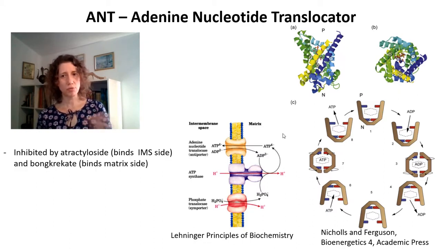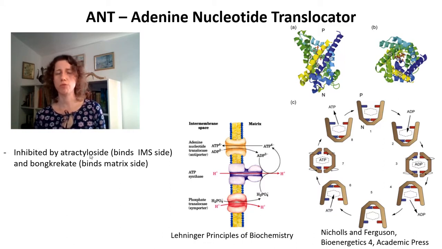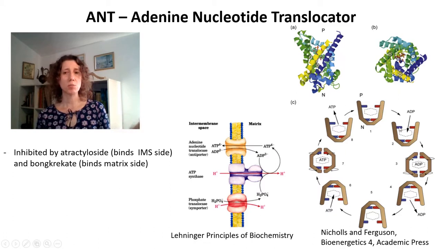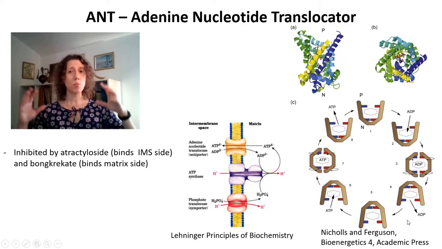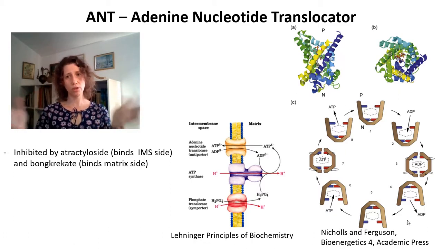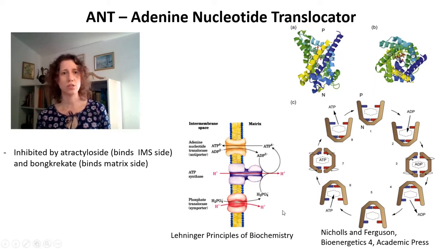Because it has these different structures, it actually has different inhibitors. So you can freeze this protein into the configuration in which it faces the outside by treating mitochondria with atractylate or carboxyatractylate, which is a non-competitive form of this inhibitor. This inhibits transport and also puts the protein into the specific configuration facing the outside.